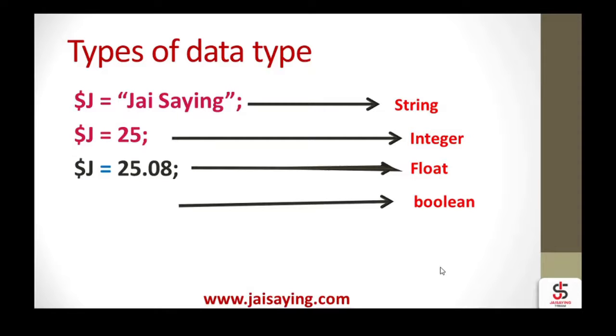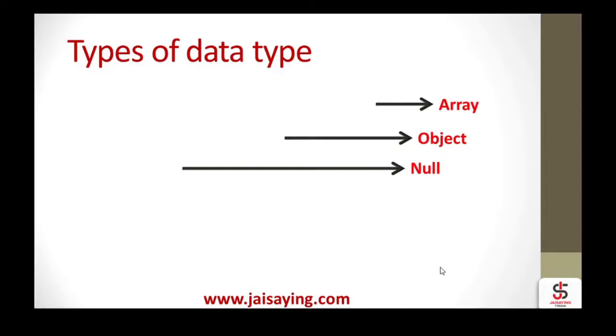So this is called the float data type. Now one more data type is there, boolean data type. So what is the boolean data type? If we are going to give some condition like true and false, in this case we have to use the boolean data type.